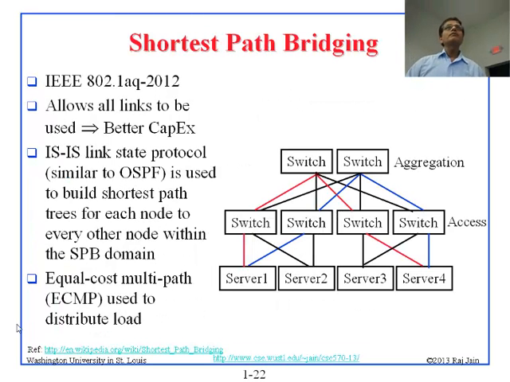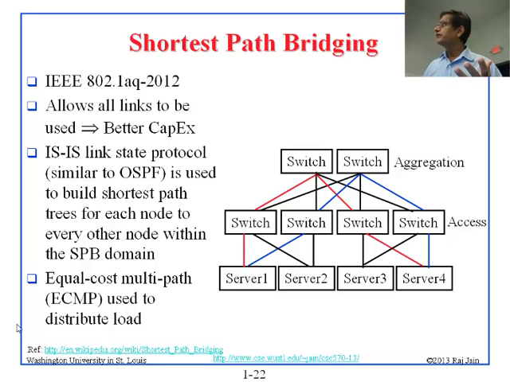So now what we use is what we call shortest path bridging. 2012. Obviously this is not in the books, but it is in practice, it is being used. Shortest path bridging is basically all the switches exchange the link vector and find out the shortest path to go from server 1 to server 4, or from anywhere to anywhere.